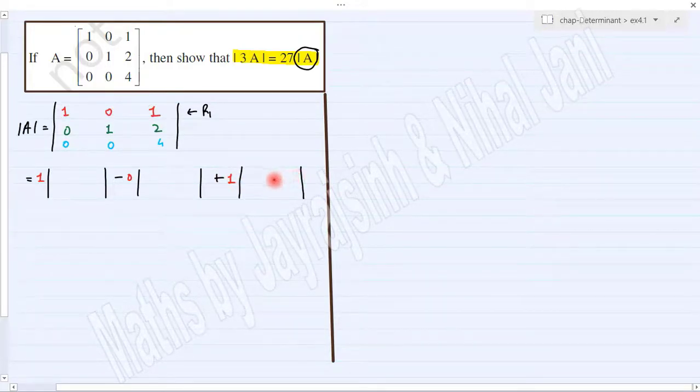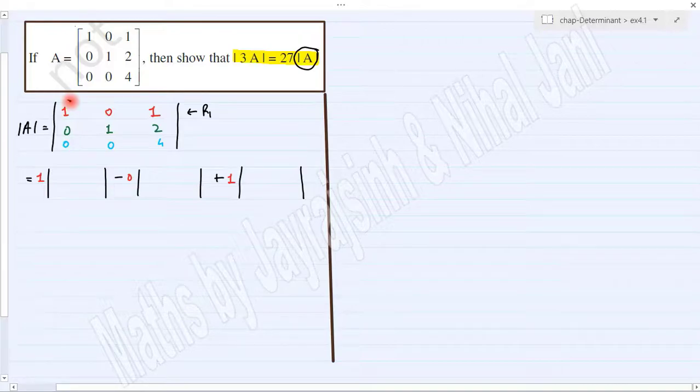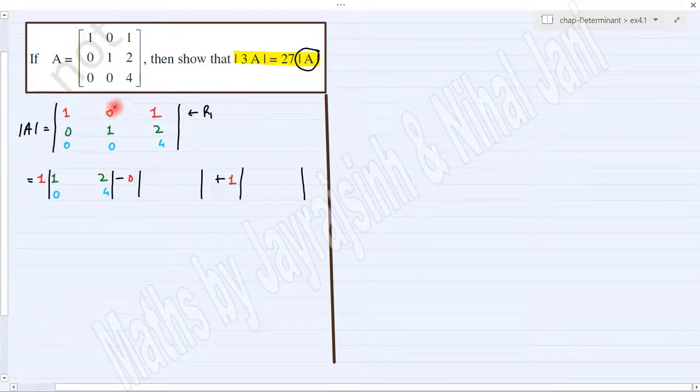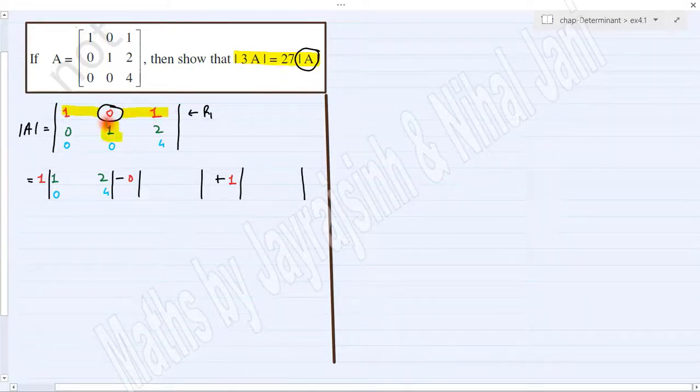Now we have to fill these determinants of 2 cross 2. So let's try to get the minor of the first element by ignoring its row, which is the first row, and its first column. So the remaining terms will create the minor of the first element. Now let's get the minor of the second element, which is in the first row and second column.